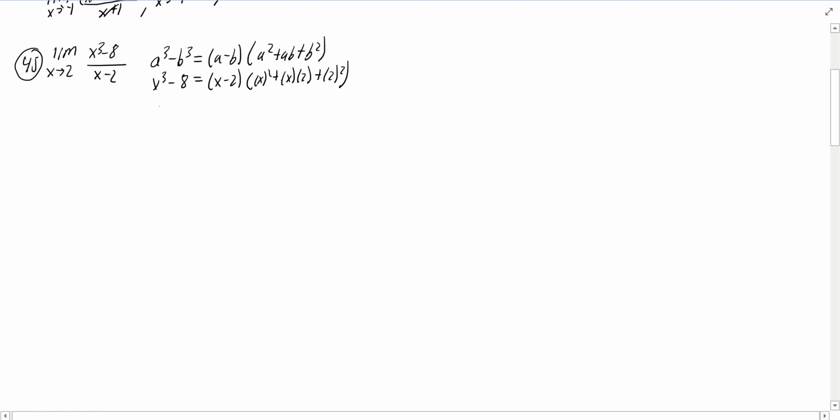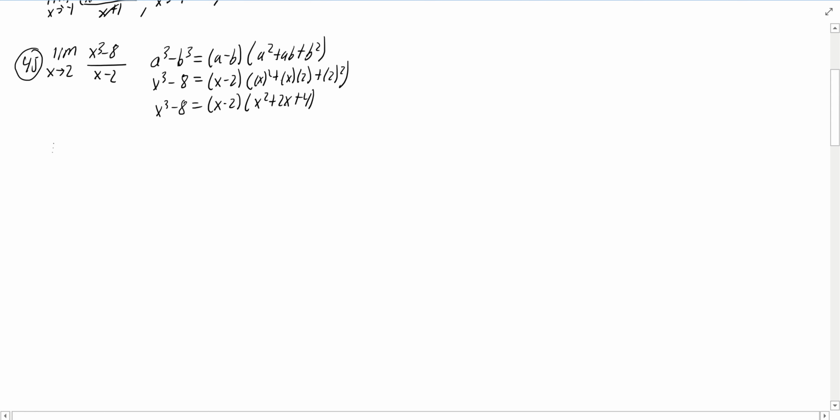And this simplifies down to x cubed minus 8 equals x minus 2 times x squared plus 2x plus 4. So this is what this difference of cubes simplifies down to.